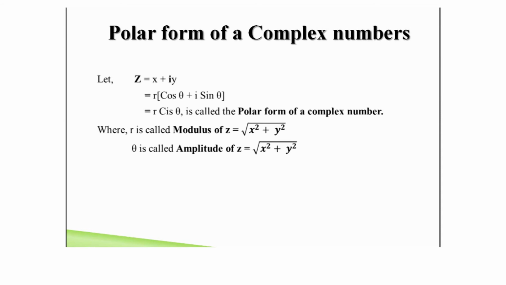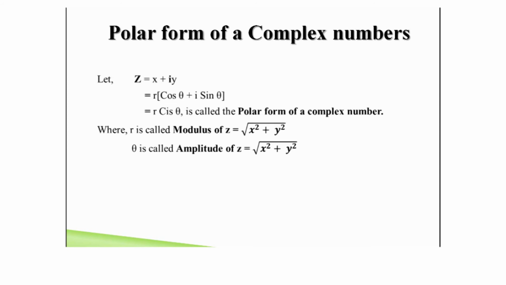Now, how to write polar form of a complex number? If you are given z is equal to x plus iy, then the polar form of this, we can write it as r into cos theta plus i sin theta, or in short we can write r into cis theta.